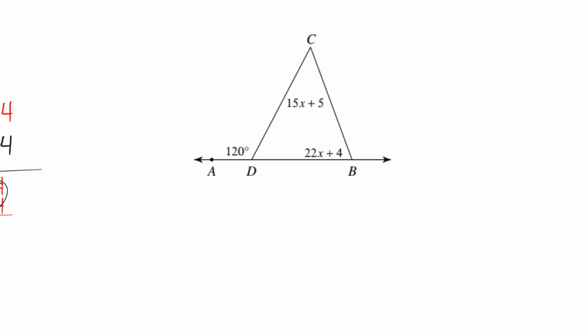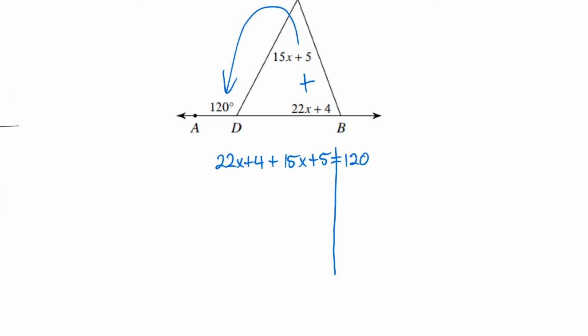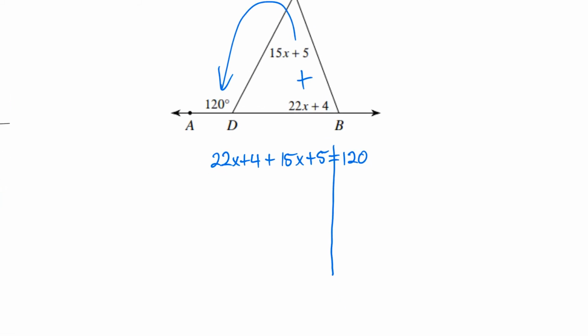Okay, on this one, same thing. This angle plus this angle equals this on the outside. So we're going to have 22x plus 4 plus 15x plus 5 equals 120. So combine the like terms. 22x and 15x makes what? 37x, good.